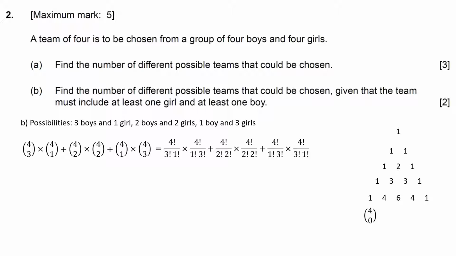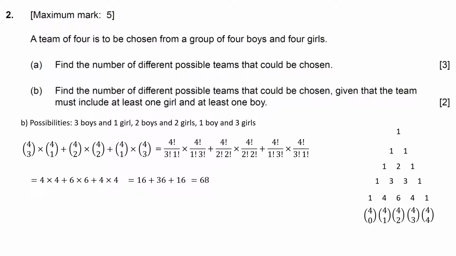So 4 choose 0 is 1, 4 choose 1 is 4, and so on. So we just use these numbers. No need to do these calculations with multiplications and divisions, and the calculation becomes relatively simple, as 4 choose 3 is equal to 4, which is the same as 4 choose 1. And by looking at the Pascal's triangle, you can see all these results, and then the final answer is 68.